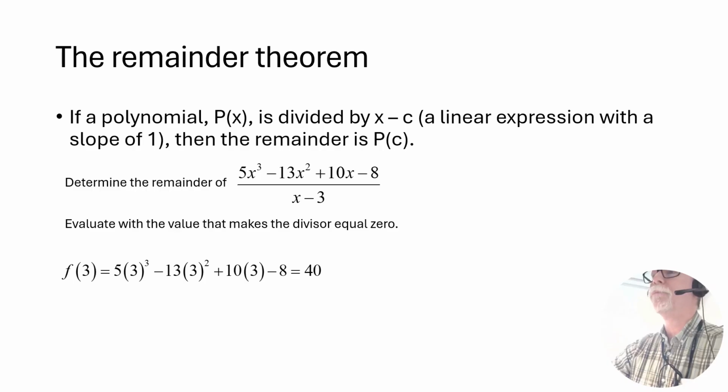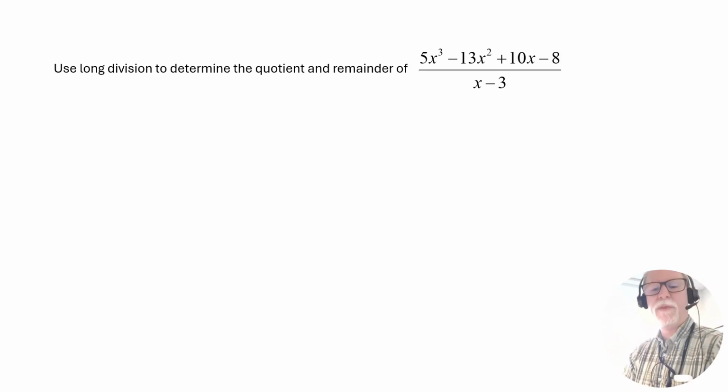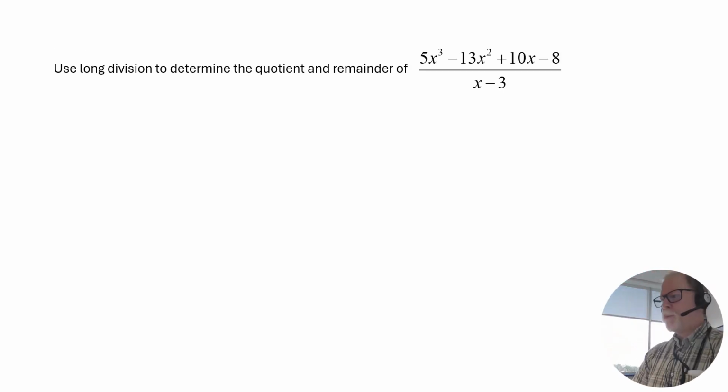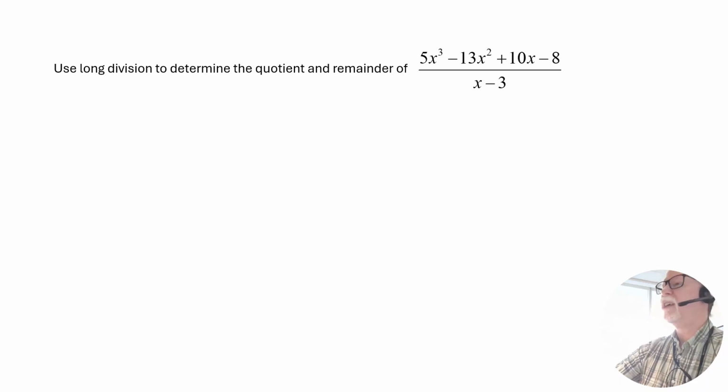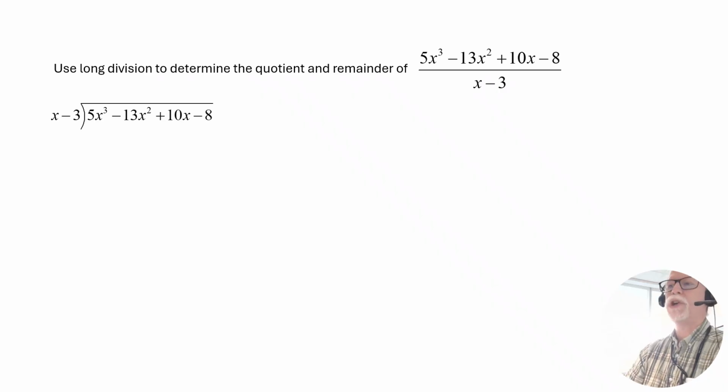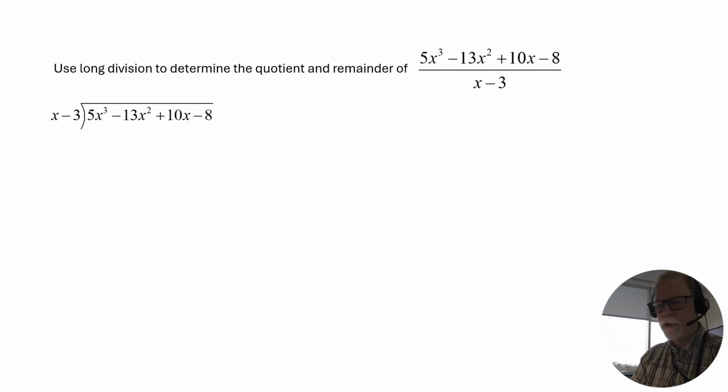Useful tool. All right, let's just do full on long division. And remember from the previous example when we did long division with numbers, this is going to follow the exact same pattern. We are using x terms, so set it up exactly the same way. We're going to break up the dividend into the terms, similarly to how we broke up the number in the first part.